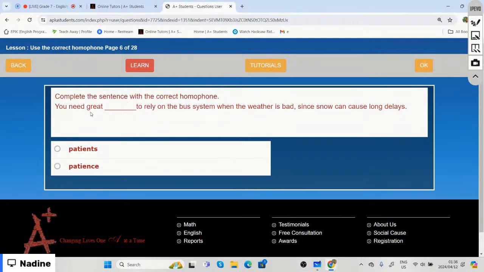So you need great patience, right? Patience to rely on a bus system when the weather is bad, since snow can cause long delays.